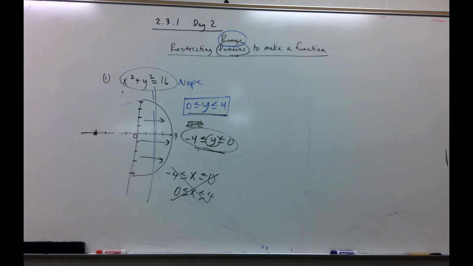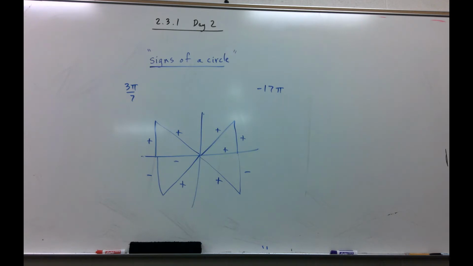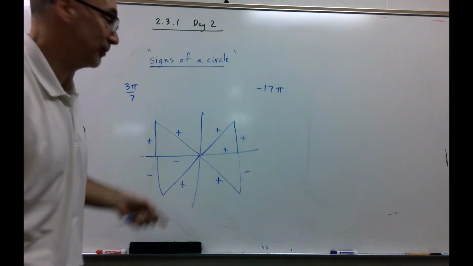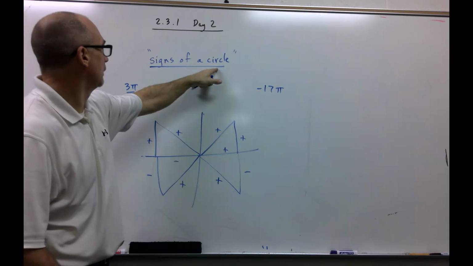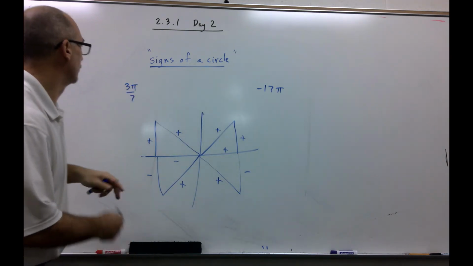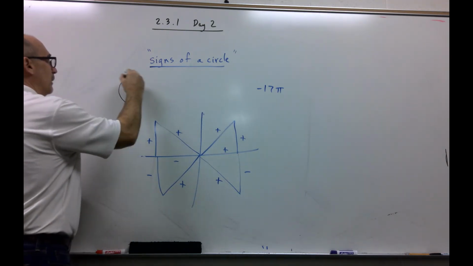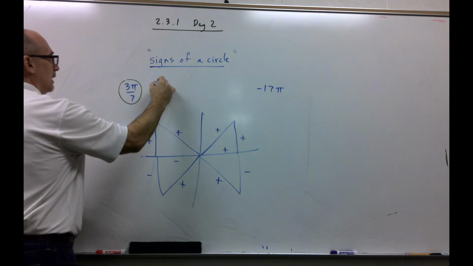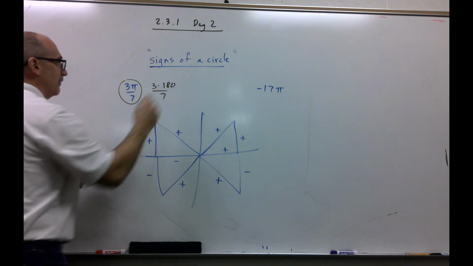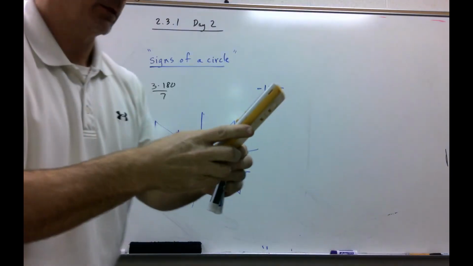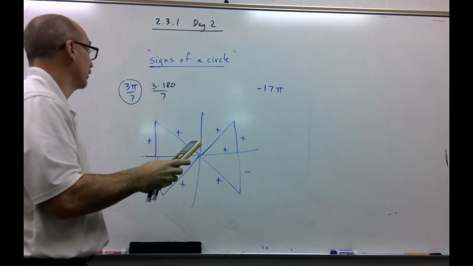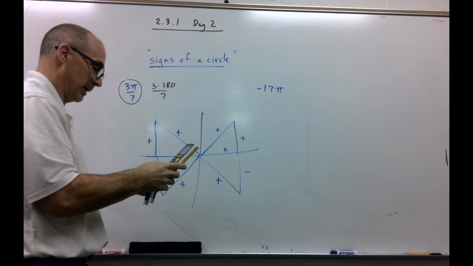Couple more things and we'll be done with this video. Another concept is figuring out the signs of a circle. If I spin the spinner that far, which is 3 times 180 over 7, I need to grab my calculator. So I got 540 divided by 7.